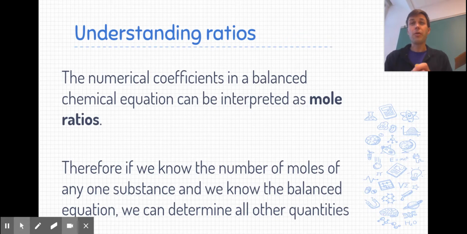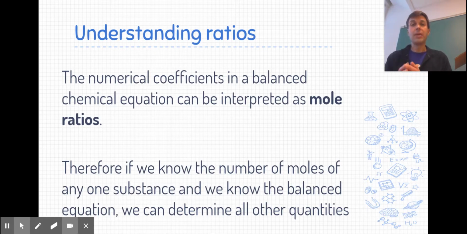So even though the numerical coefficients in a balanced chemical equation are the number of individual particles which are reacting, because of the definition of the mole, they can be interpreted as mole ratios.